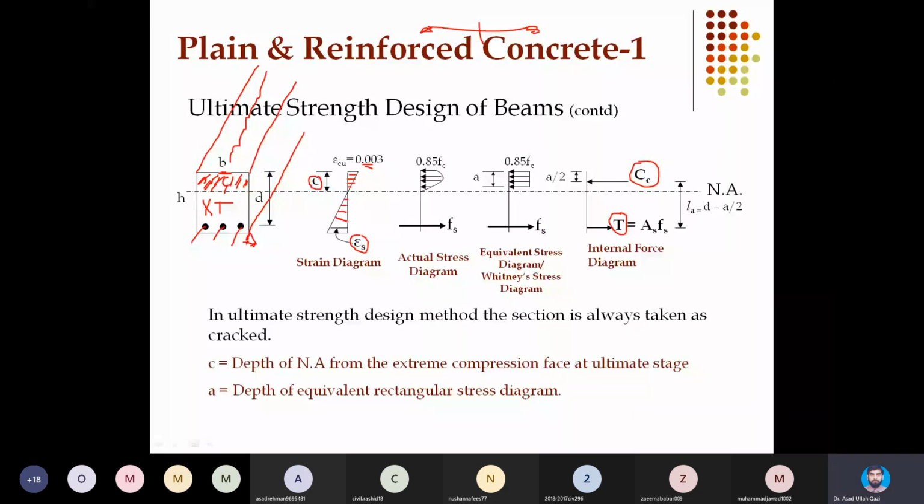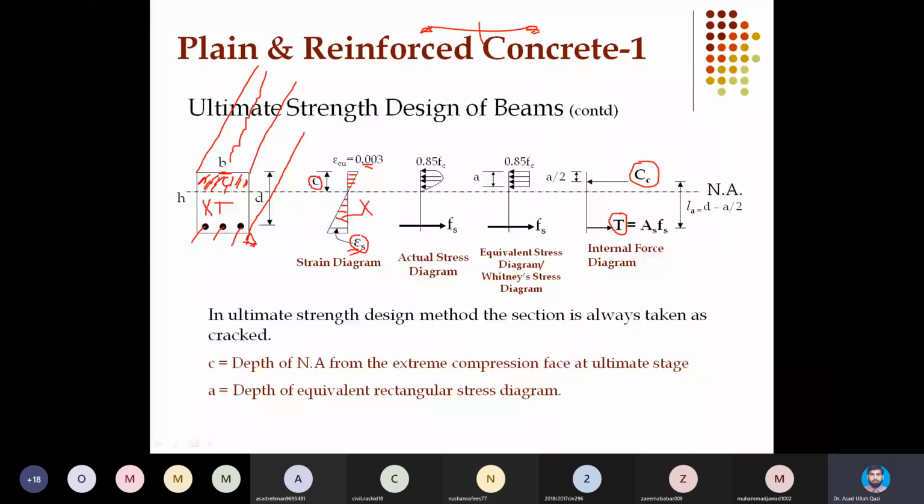Since below the neutral axis we are not interested in using the less magnitude or less capacity of concrete in tension, we are only considering the tensile strength of the steel bars.